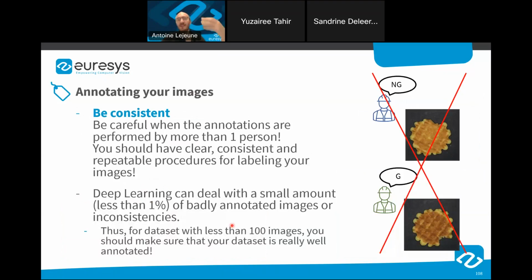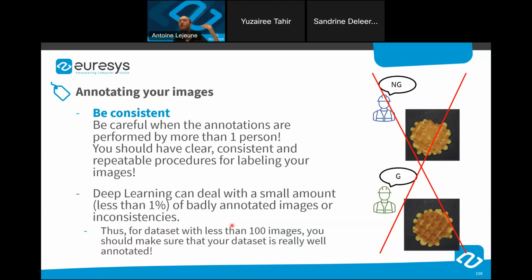So the consistency is really, really important, especially when you have a big dataset and the annotations are performed by more than one person. Usually when several persons annotate the same dataset, they will make different decisions for similar images.